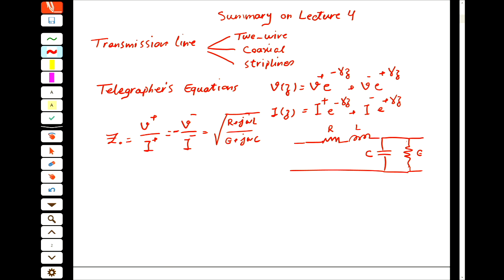Also here, gamma equals the square root of (R plus j omega L) multiplied by (G plus j omega C). Gamma, which is alpha plus j beta, is the propagation constant. Alpha is the attenuation constant.